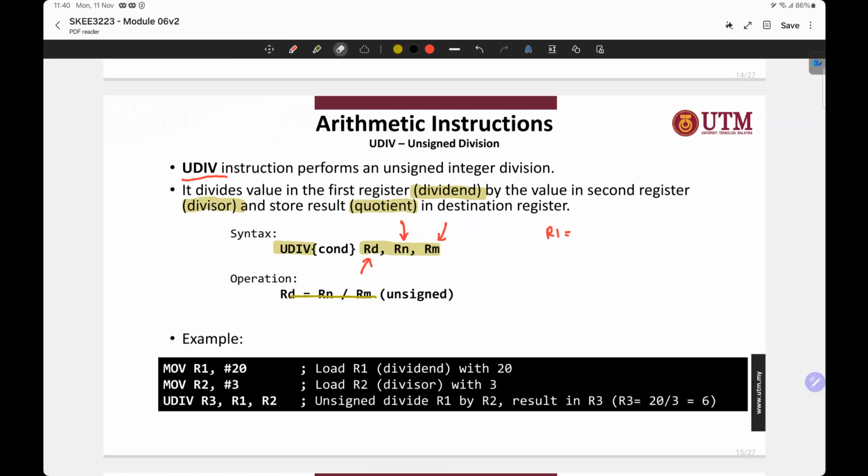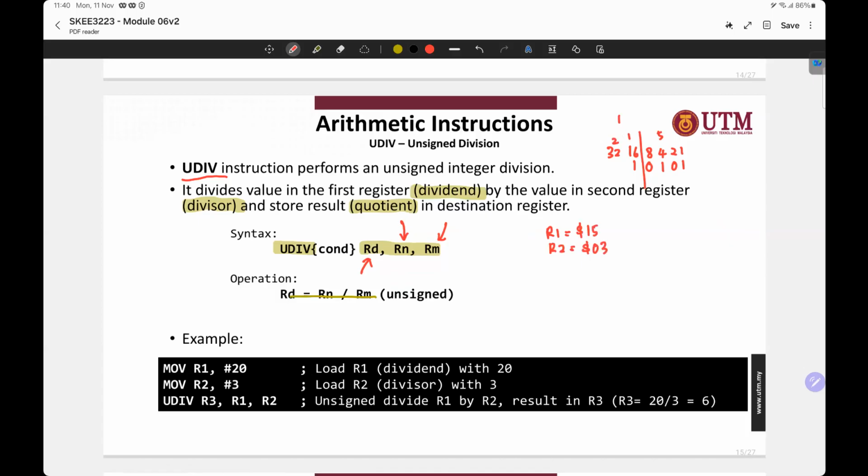Here we have 1, 2, 4, 8, 16, 32. 20 is 1, 0, 1, 0, 0. If you change it to hexadecimal, you will get 0x14. So 0x14 will be stored inside of R1, and then MOV R2, #3. So R2 equals 0x03.